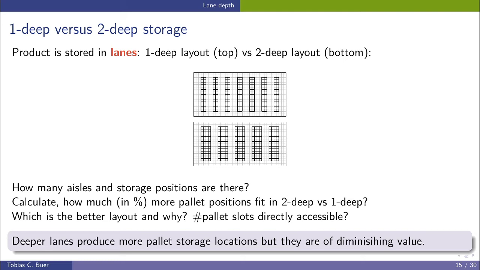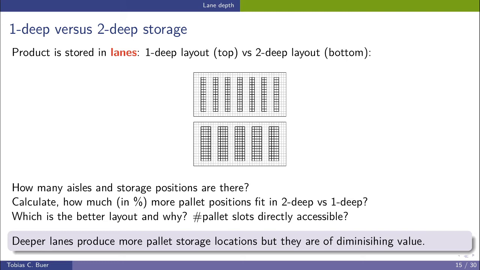The darker black squares are the storage locations for the pallet positions, and the lighter gray areas are the aisle space where the forklift can drive. And at the bottom we have 2 deep lane storage.